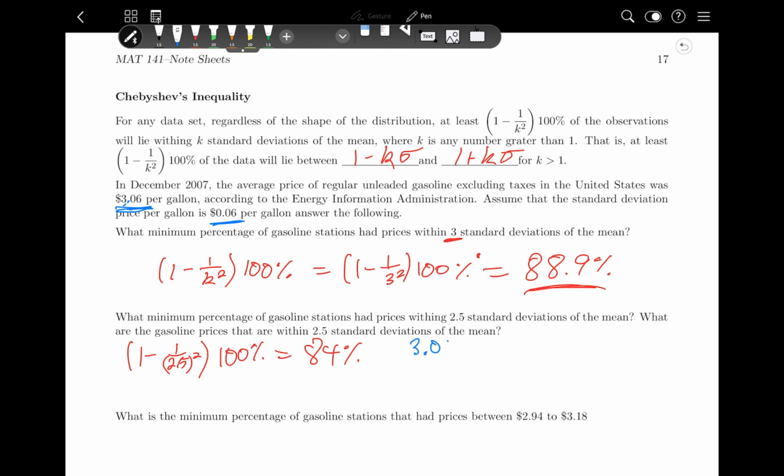So 3.06 minus 2.5 times 0.06, and 3.06 plus 2.5 times 0.06. So we're taking the mean minus the number of standard deviations times the standard deviation.